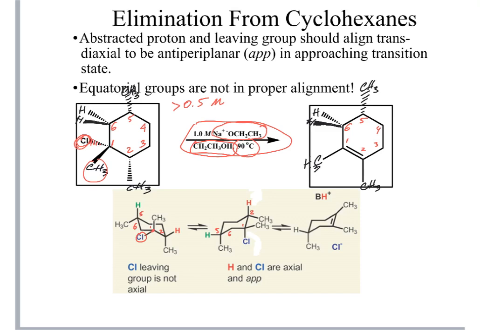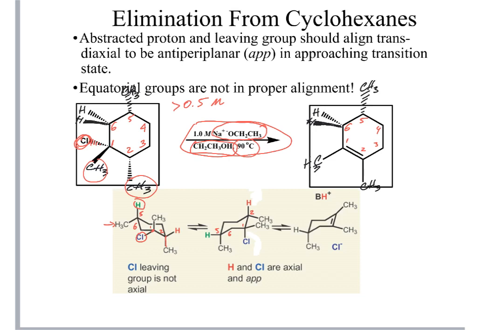Carbon number 2 has a methyl group pointing down, which happens to be axial in the chair conformation. Carbon number 5 has a methyl group pointing down, and therefore hydrogen is axial and up. And carbon number 6 is unsubstituted.